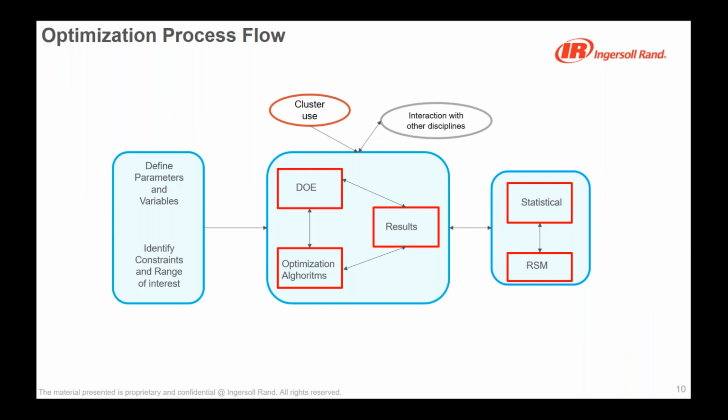So just as a summary, in this slide, we can see what in short is your process flow. So the important piece is to define parameters and variables, and I would add also being very conscious of your constraints and range of interest, as from those depends the interaction and the time of your optimization, the way to look into your results, and how much time you need to look into your results to get the optimum you're looking for.